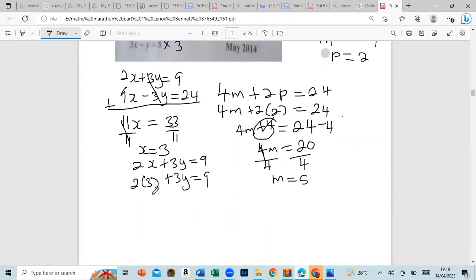And then 2 times 3, that's 6, plus 3y equals 9. So we subtract 6 from both sides. So 3y is equal to 3. Agree? So that means that y will be 1.